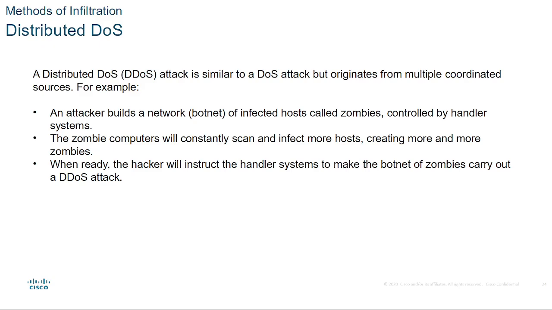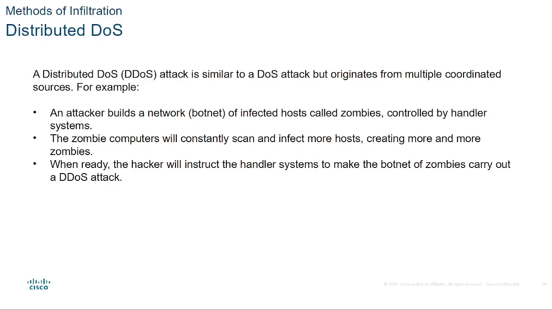Distributed denial of service. A distributed DoS attack, or DDoS attack, is similar to a DoS attack but originates from multiple coordinated sources. For example, an attacker builds a botnet of infected hosts called zombies, controlled by handler systems. A zombie computer will constantly scan and infect more hosts, creating more and more zombies.